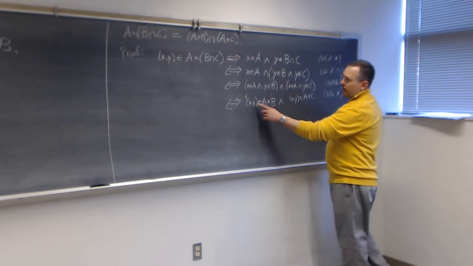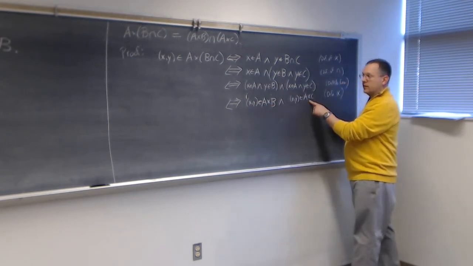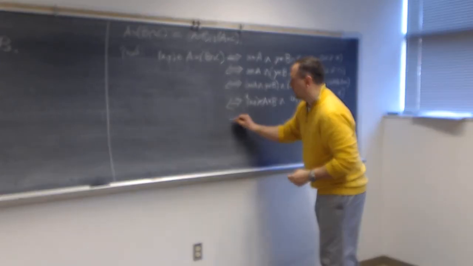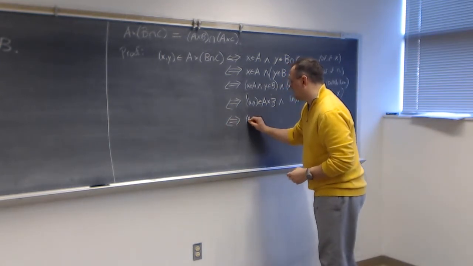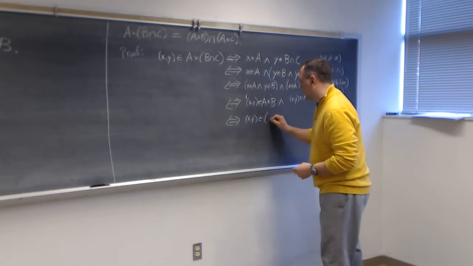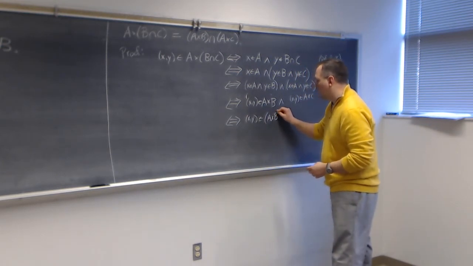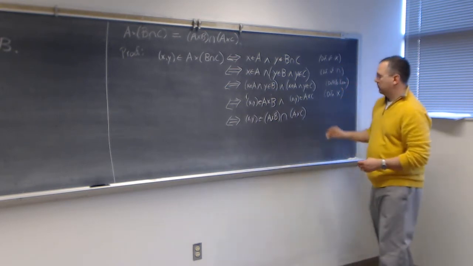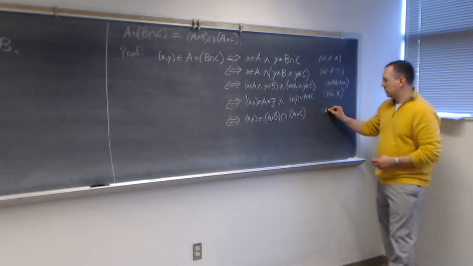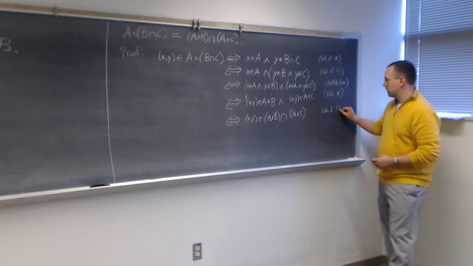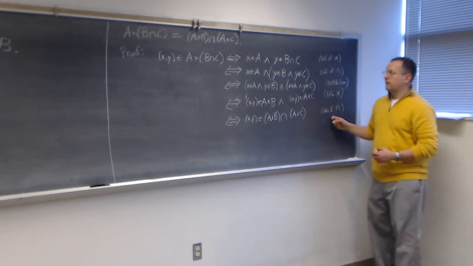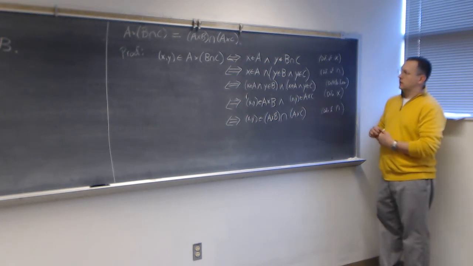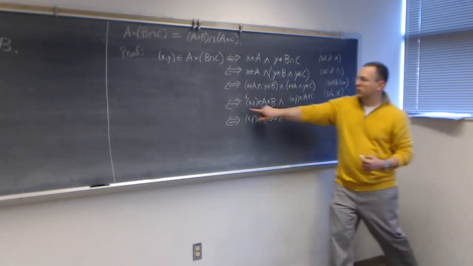Well, if this point is in this set and the same point is in this set, then it's in the intersection of these two sets. So that's the definition of intersection again. So then (x, y) is an element of (A cross B) intersect (A cross C). We know that definitions are if and only if statements, so I'm justified in using these if and only if statements.